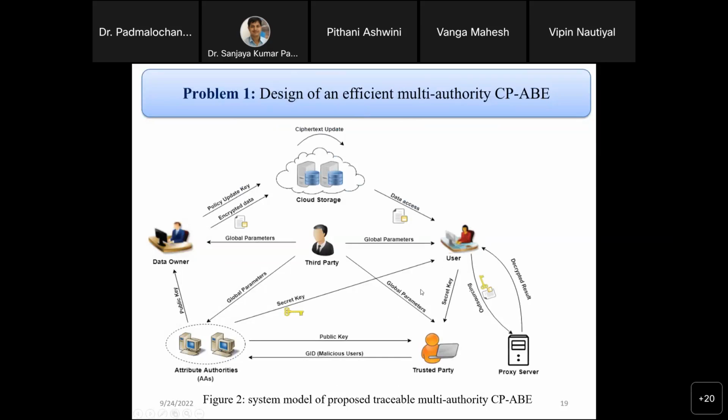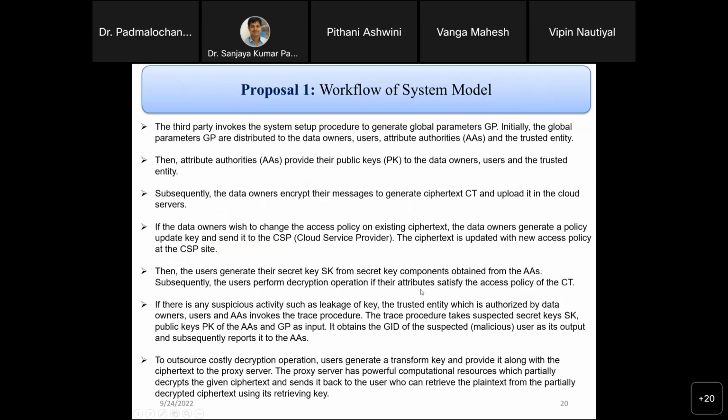If there is any suspicious activity such as leakage, the trusted party, which is authorized by data owners, users, and attribute authorities, invokes the trace procedure. Like policy updation, there is another procedure called trace procedure. This trace procedure takes the suspected secret keys SK, public keys PK, attribute authorities, and global parameter as input, and based on that it generates the GID, the global identifier of the malicious user, and this is outputted and reported to the attribute authority.